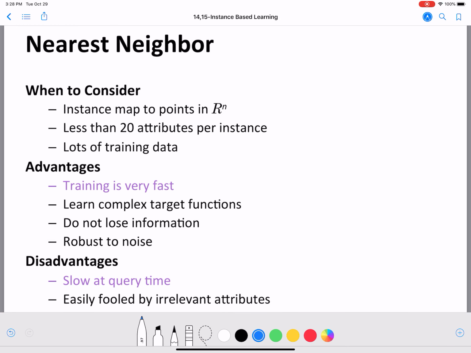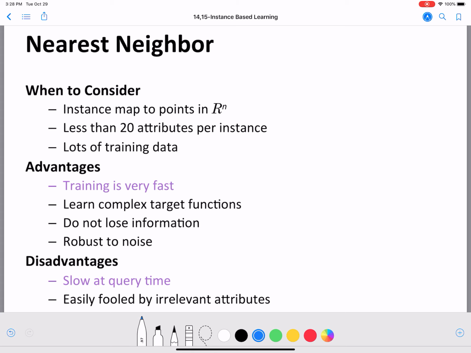All right, to sum up, KNNs can be considered when there is lots of training data, but still manageable. Not too large a training data set that it's really expensive to even store all of it in memory. And less than 20 attributes per instance.